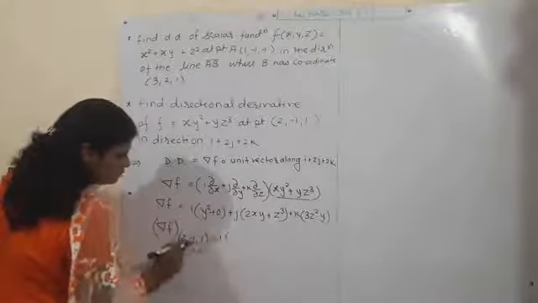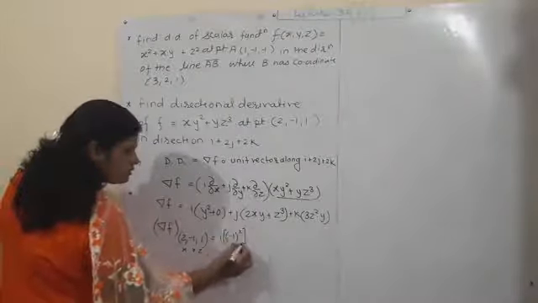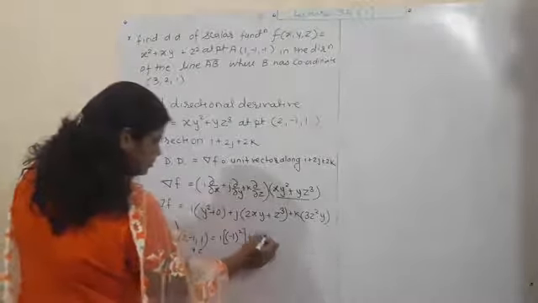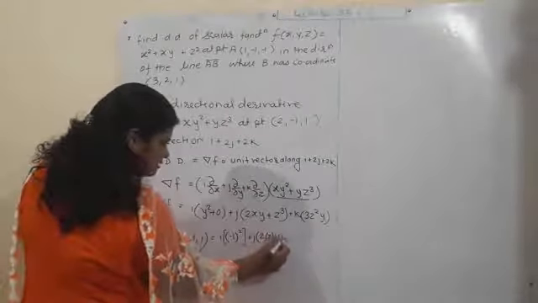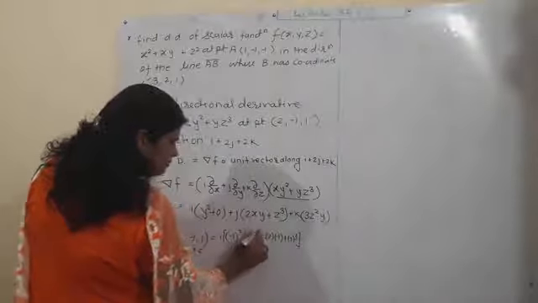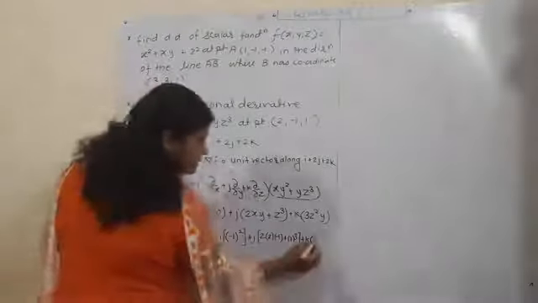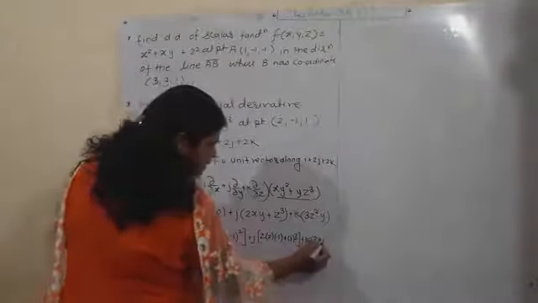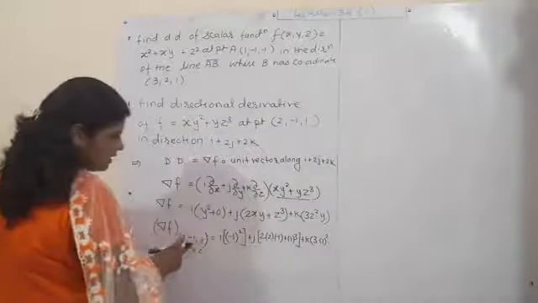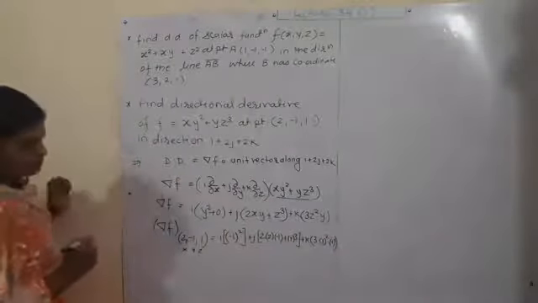So i into, when you put y square, that is minus 1 square, here is plus j, here is 2, x is 2 and y is minus 1, plus z cube, that is 1 cube, bracket complete, then plus k into 3z square, so that is 3, z square is nothing but 1 square into y, and y is nothing but minus 1. So here is minus 1, bracket complete here.